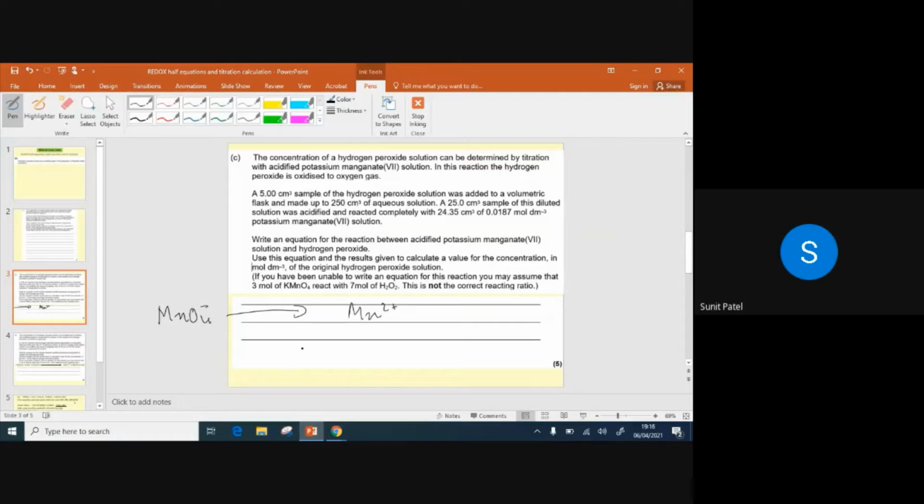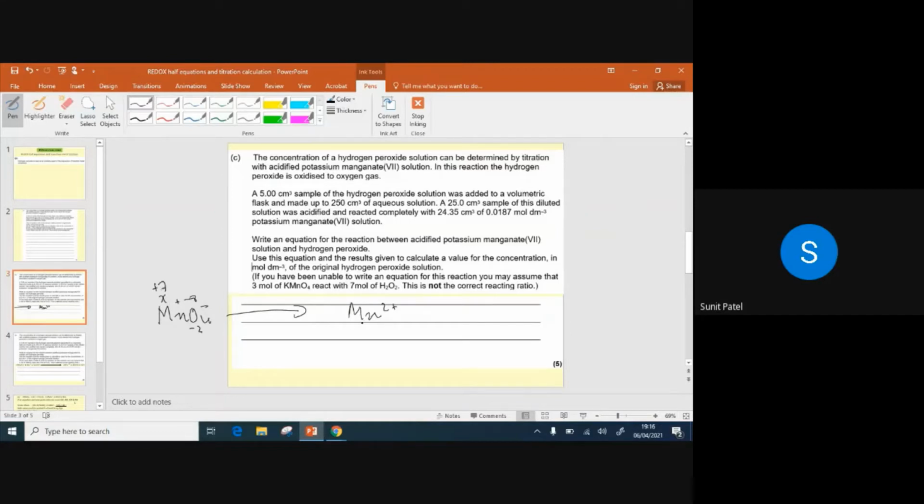Sometimes they tell you in questions, sometimes they don't, but you must be aware that the oxidation state of Mn here is +7. How you work that out is very easy. Oxygen is -2, there are 4 of them, so it's -8. Just like solving for x, x plus -8 equals -1, so this must be +7.